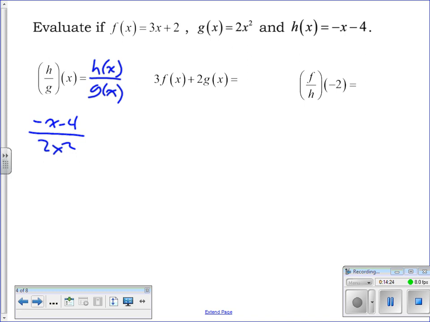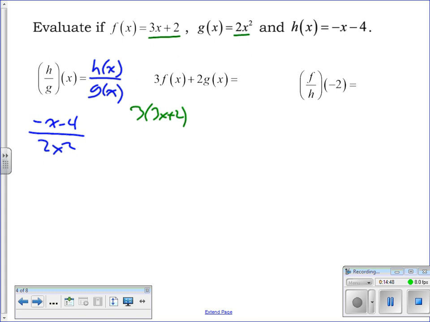Here's one that really throws students off. 3 times f of x plus 2 times g of x. Well, we know what f of x is. F of x is 3x plus 2. So 3 times f of x is 3 times 3x plus 2. We know what g of x is.